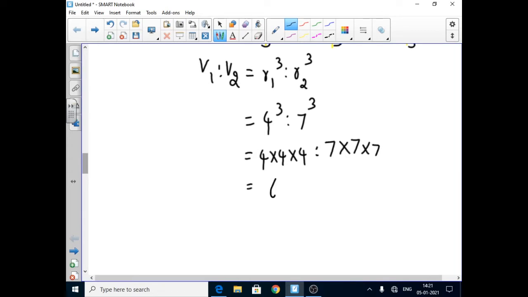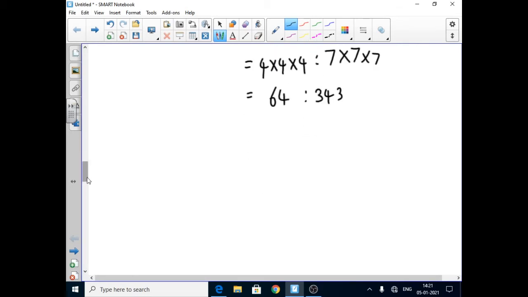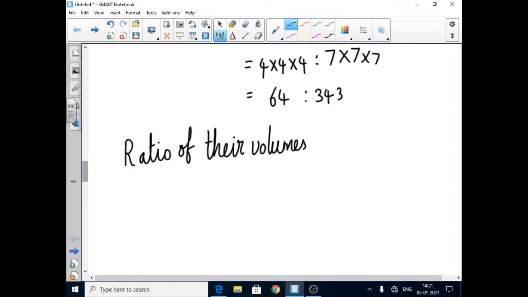So 4 4s are 16, 16 into 4 is 64, is to 343. 7 7s are 49, 49 into 7 is 343. So ratio of their volumes is equal to 64 is to 343.